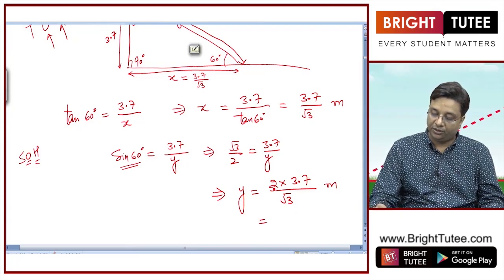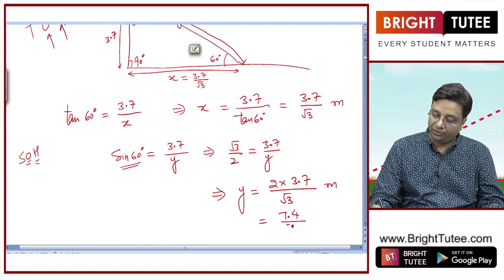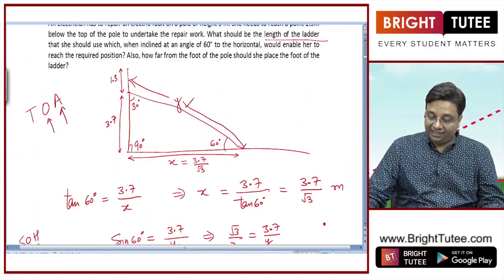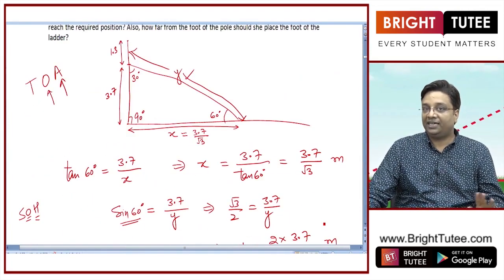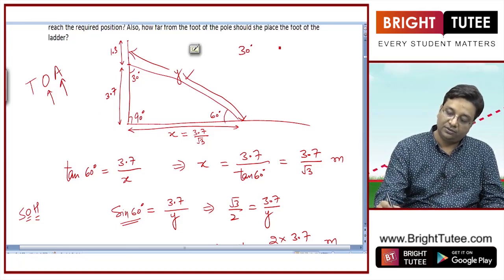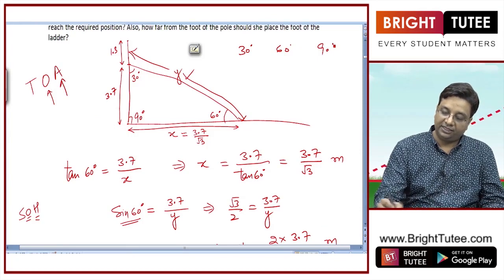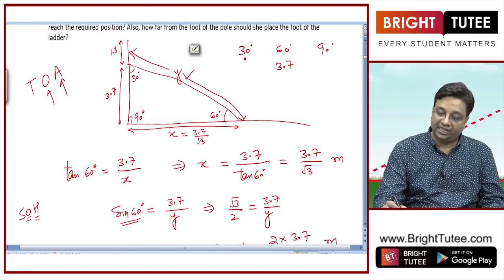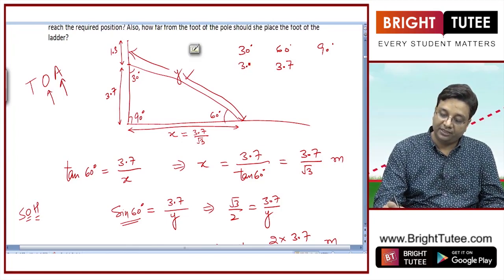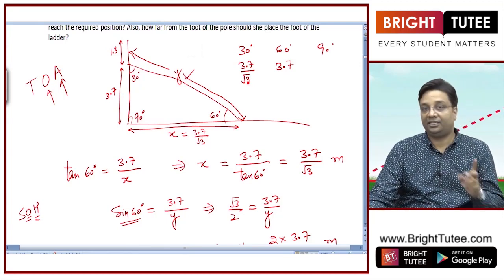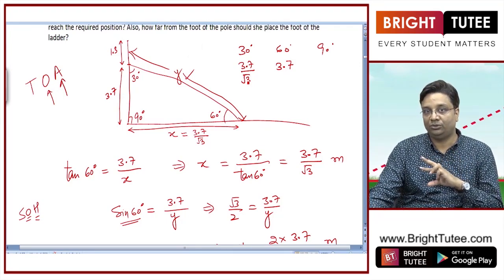Okay, you can simplify this and show that it is 7.4 divided by root 3 meter. And if you are in a competitive exam situation like NTSE, you know that the side opposite to 60 degrees is given as 3.7, right? So the side opposite to 30 degrees will be 3.7 divided by root 3, because the ratio was 1 is to root 3 is to 2.